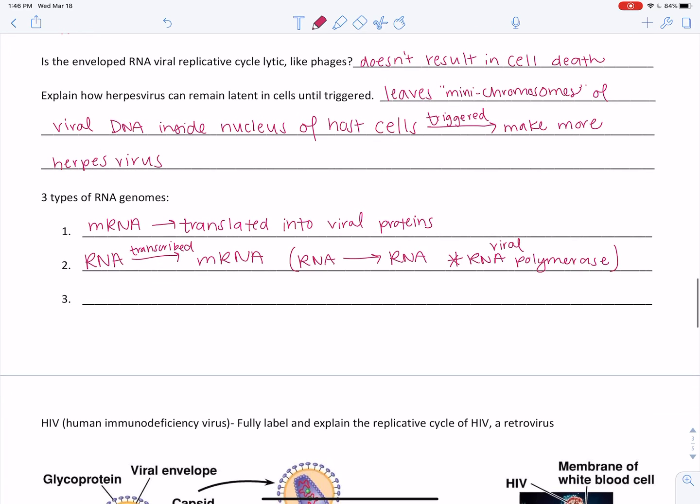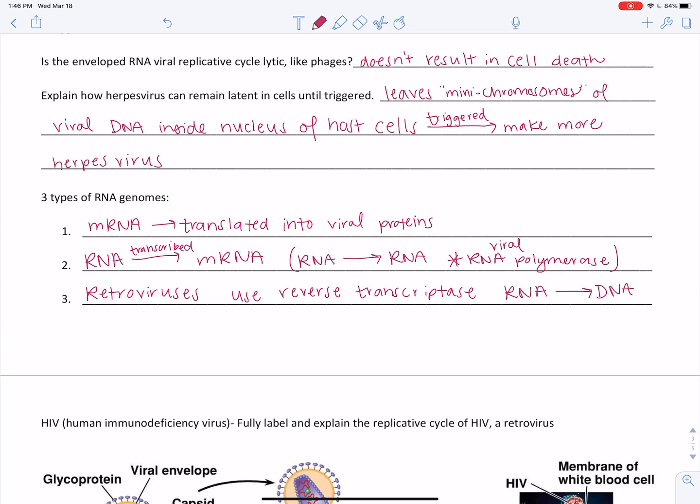The third kind is called retroviruses. And no, not from the 70s. Retroviruses use reverse transcriptase, which is an enzyme that can take RNA and make DNA.